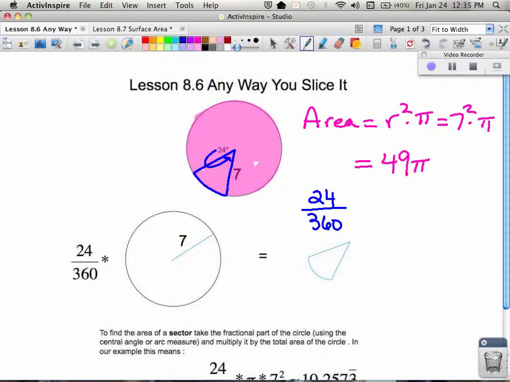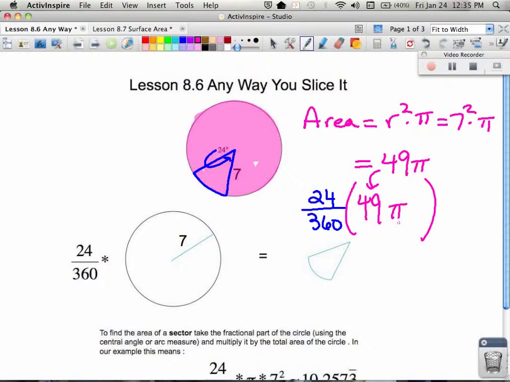That ratio talks about the size of the pie slice in comparison to the whole circle as far as rotating around it. Now what you do is you take that ratio and you multiply it by the area of the circle to find your total value.